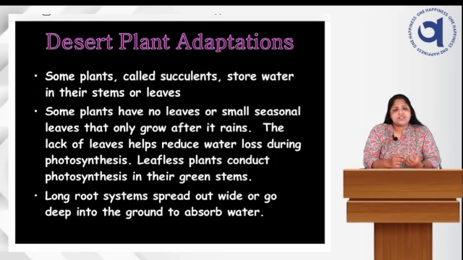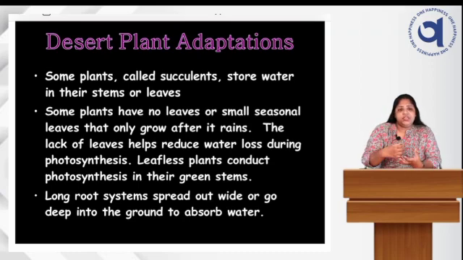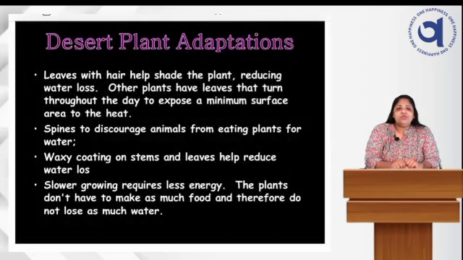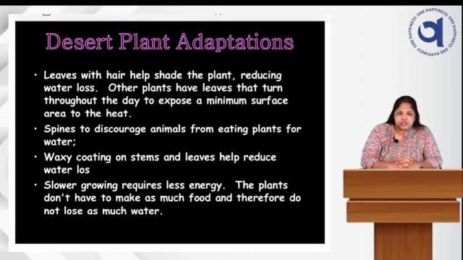Some plants you might have seen do not have any leaves, but the water storage takes place in the stem and also the photosynthesis takes place by the stems. They have long root systems which are spread out wide and very deep into the ground to absorb water. Leaves with hair help shade the plant which will reduce the water loss.